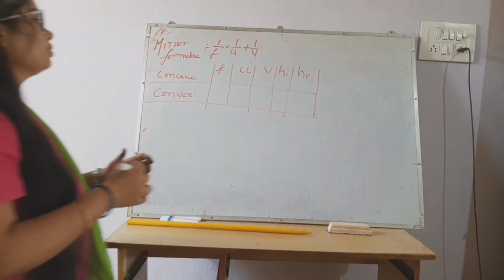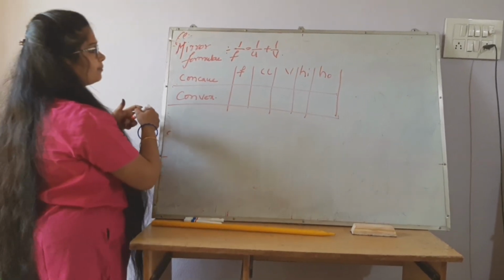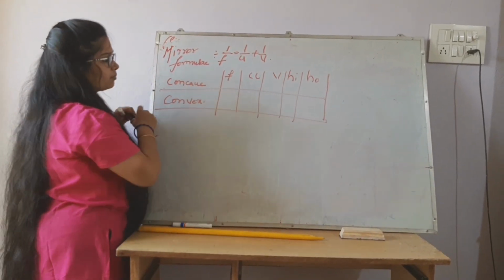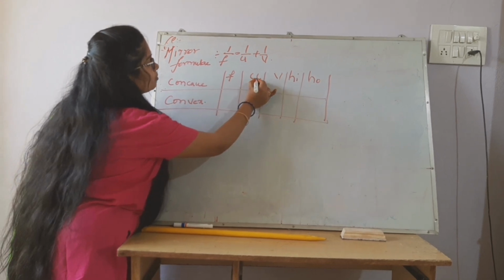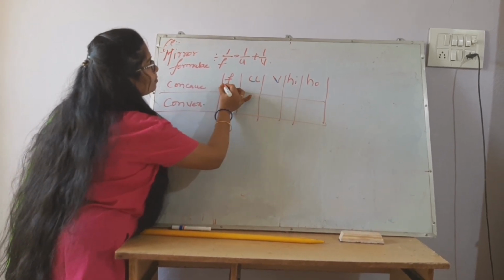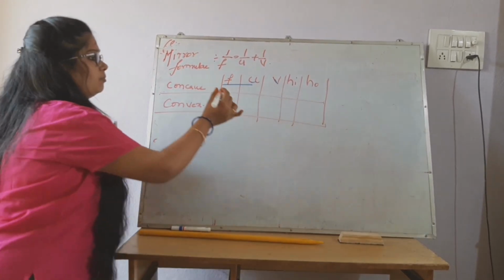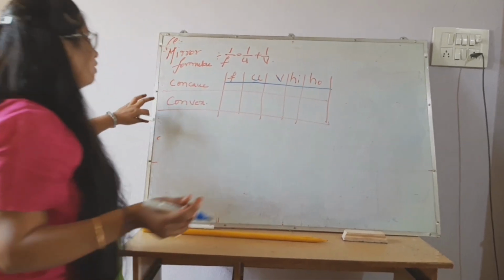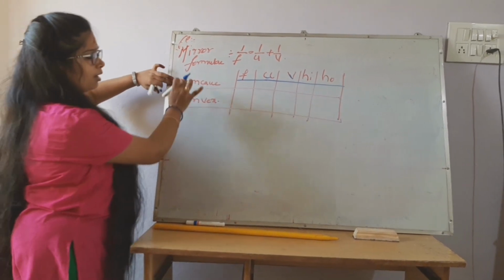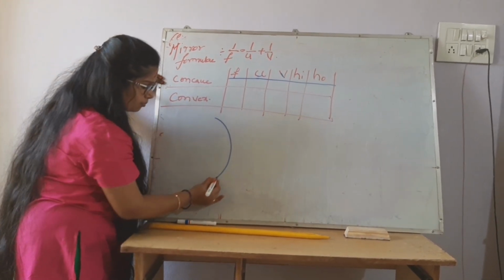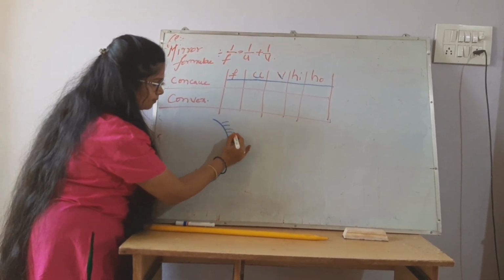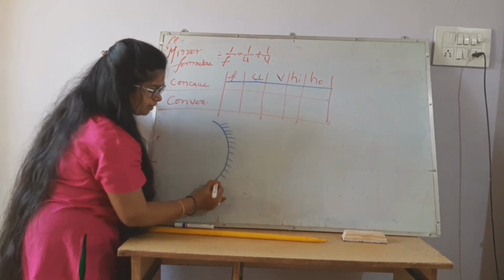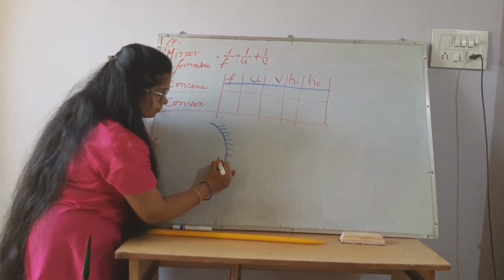Now, let's go. F, U, V. Concave. This is the concave mirror.